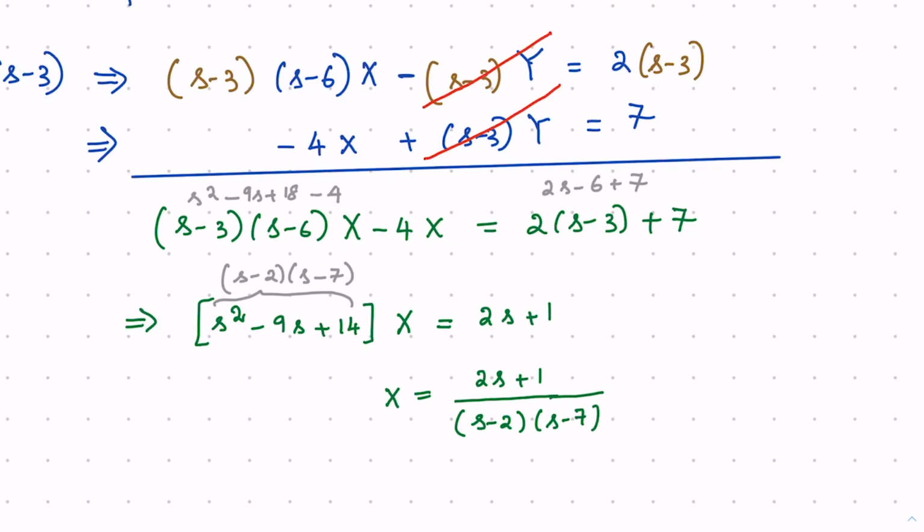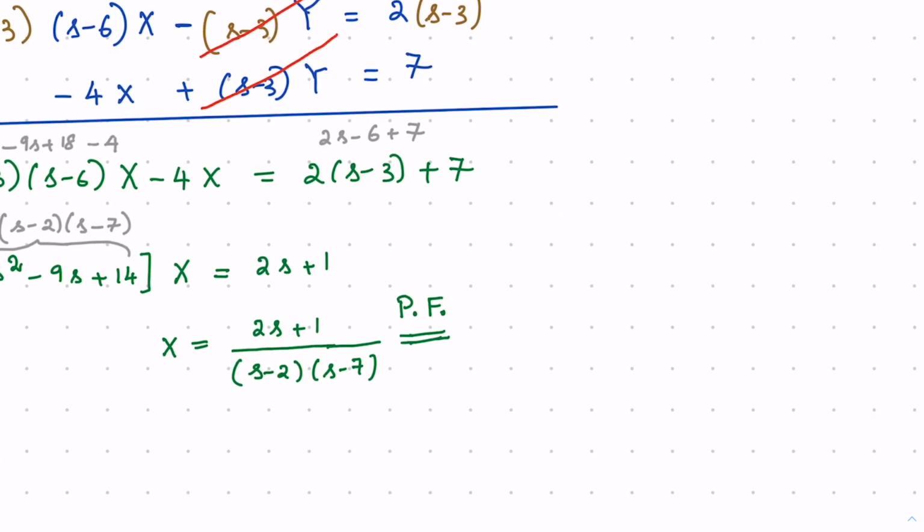And if I do the partial fractions, ladies and gentlemen, it's a long process for some of you, this would turn into negative 1 over s minus 2 plus 3 over s minus 7.